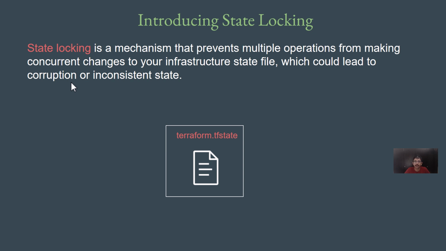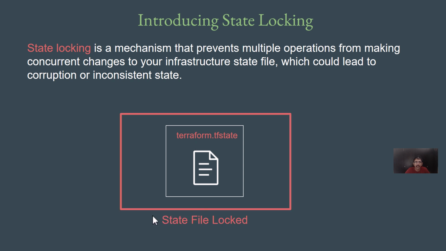Let's assume that Alice has run a Terraform apply and Terraform is actively modifying the tfstate file. During that time, Terraform will lock this tfstate file. So in case Bob also runs a Terraform apply, he'll immediately get an error. Why? Because the current terraform.tfstate file is locked by the Terraform running through Alice's user.